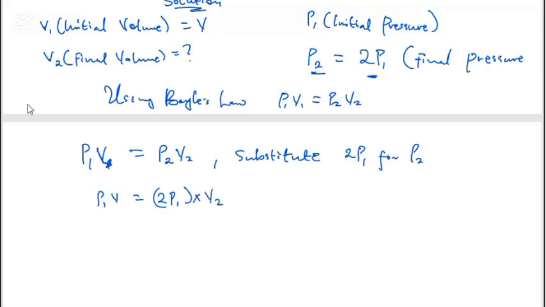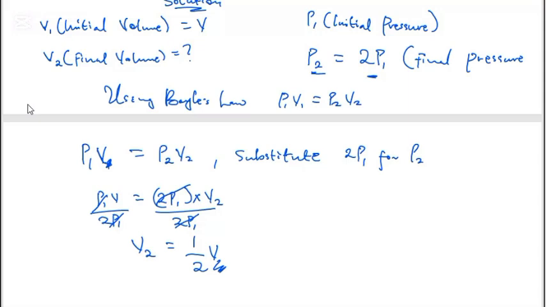So what will be our V2? We divide both sides by 2P1. P1 will cancel P1, 2P1 will cancel 2P1. So you are left with V2 equal to 1 over 2 times V. So that is the answer. Your V2 will be half of your V.